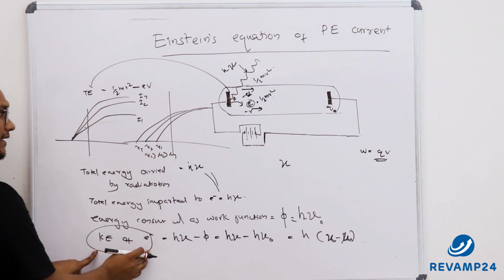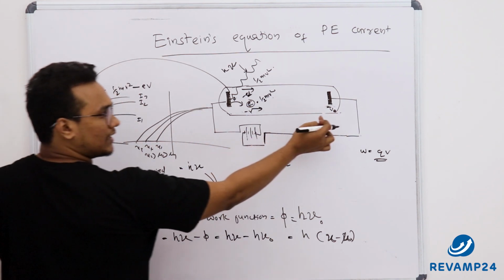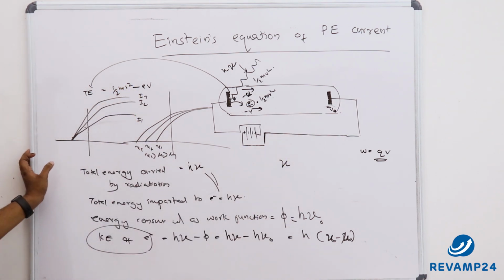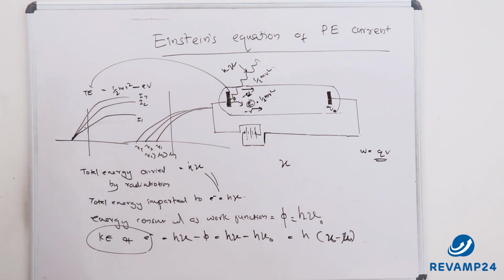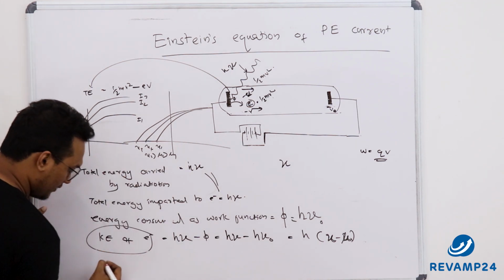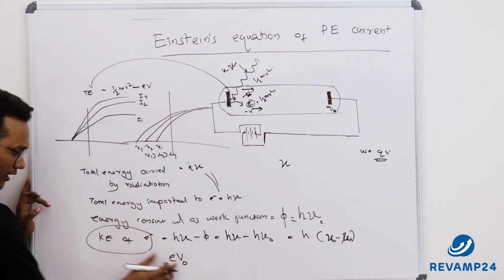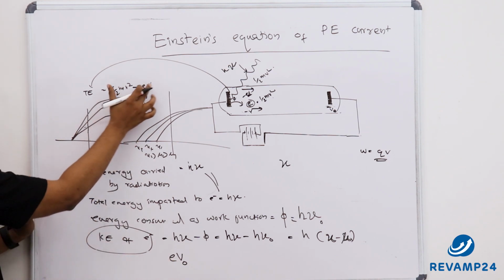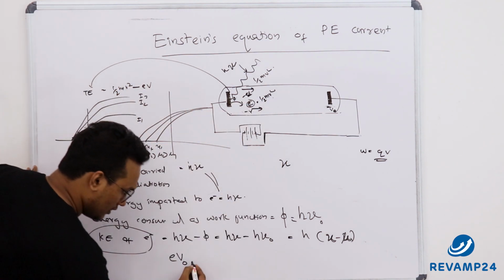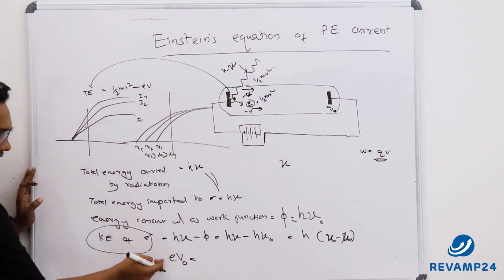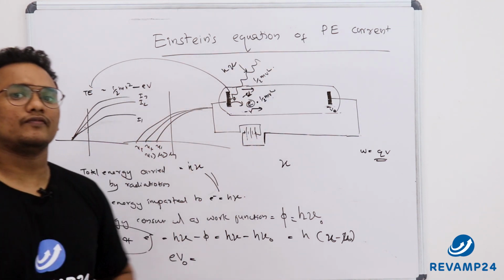Now if we are giving a potential of the stopping potential, the kinetic energy and that will become equal, and photoelectric emission is not possible. So at that point I can say that e into V0, the stopping potential, when it becomes equal to the kinetic energy, the total energy is 0, and emission will not be possible. In that case, I can equate kinetic energy to this. In all other cases, there will be a non-zero value of kinetic energy.